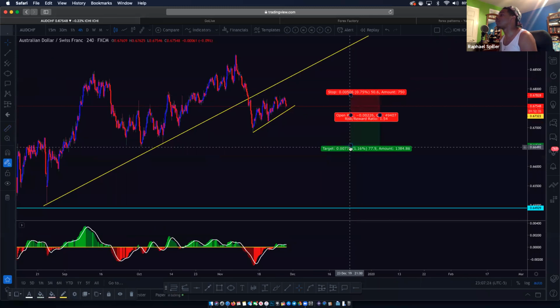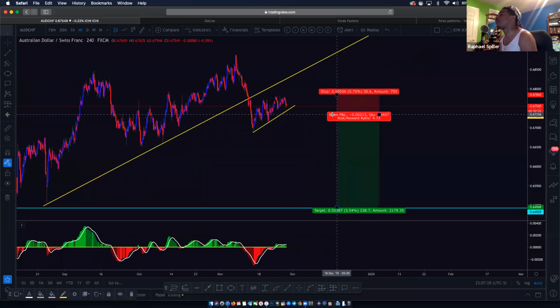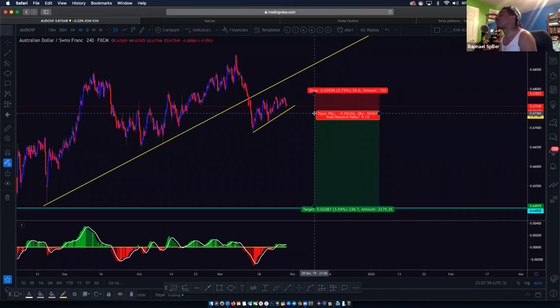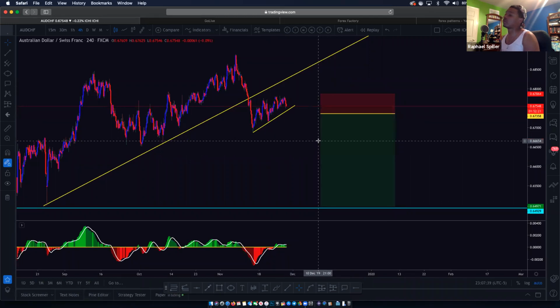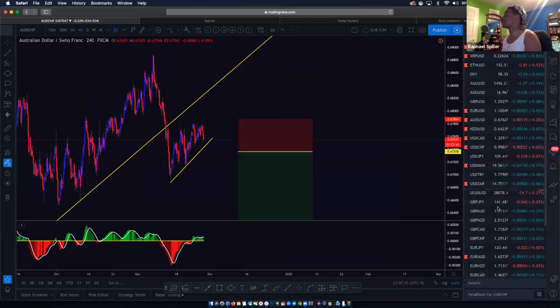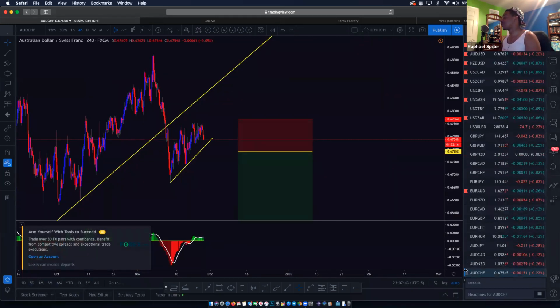Maximum 50 pip stop loss for a 240 pip win. Oh my God, this looks so nice. I'll take that all day, every day, you guys. No problem. I'm definitely gonna add this to my favorites. I like this a lot.